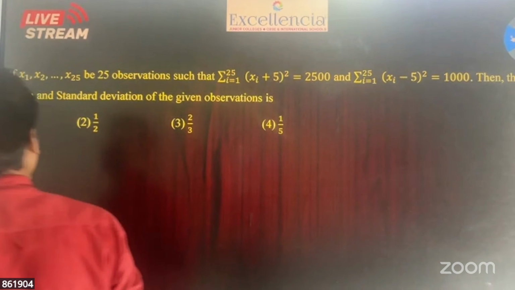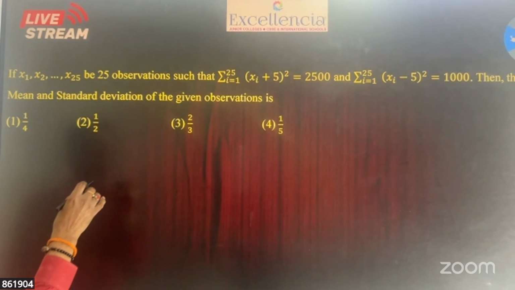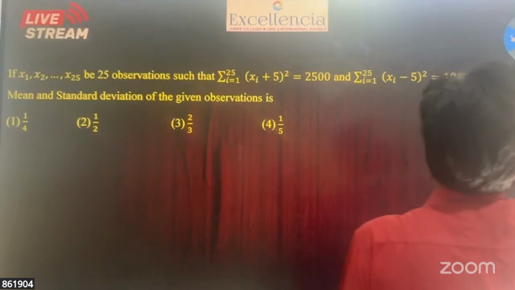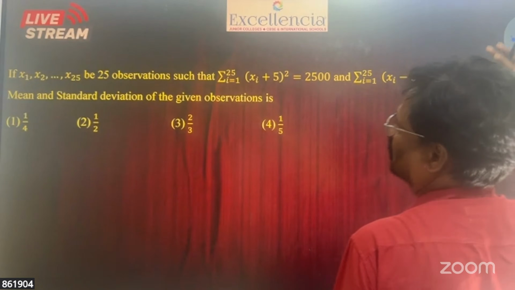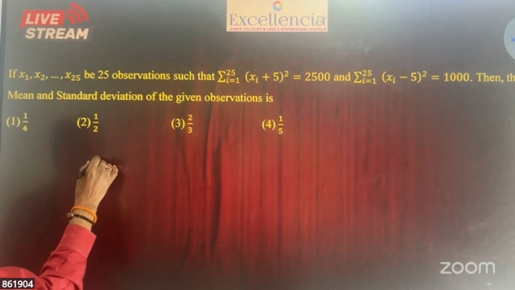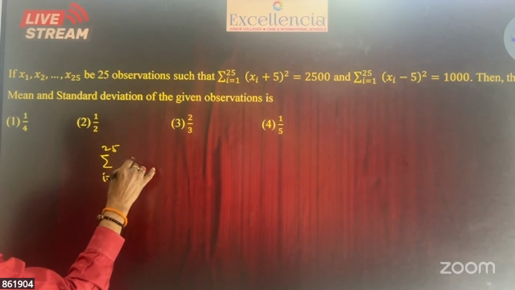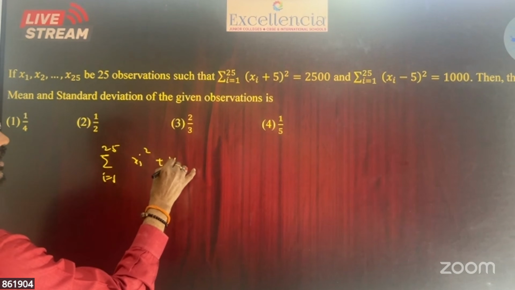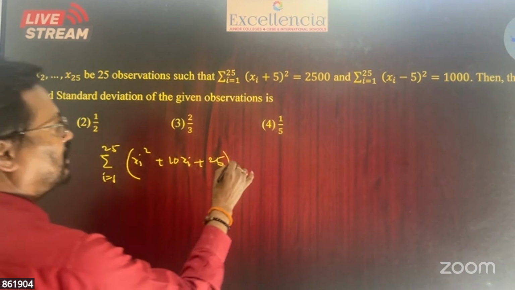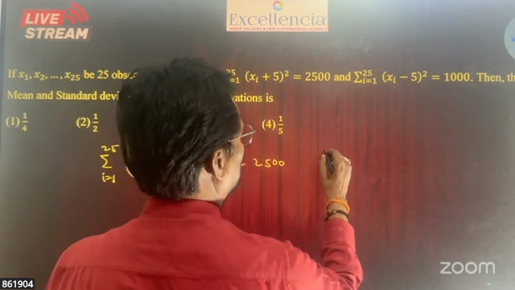Now here, this is a statistics problem, and you know very well. Now I am writing sigma i equal to 1 to 25 of xi square plus 10xi plus 25 is equal to 2500, and the same way this also.